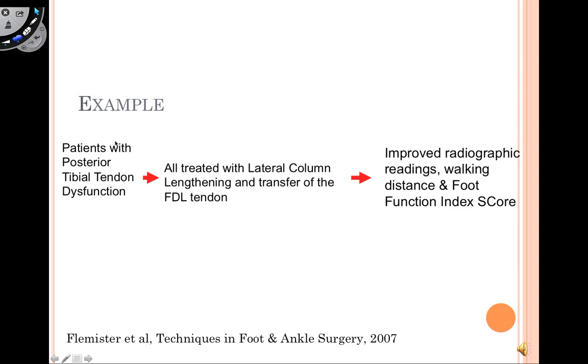You would want some example of an outcome that's fairly convincing before you were going to do something as aggressive as this. Basically there are studies that have looked at foot posture using radiographs, walking distance, and then a functional scale that's patient-oriented, or self-report scores, and they improve on all these variables. And so that would be a good example of a case series study where it shows a fairly aggressive novel treatment and how it affects patient outcomes.